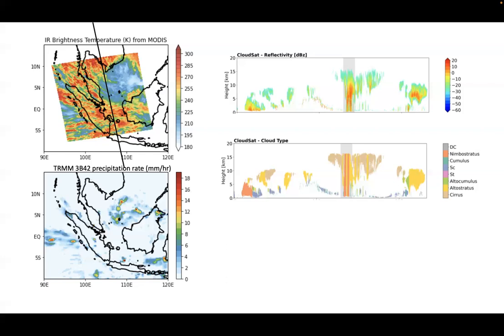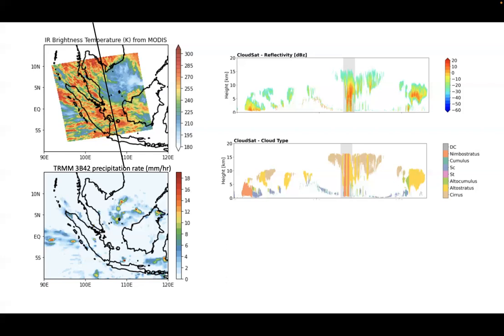Only a few tiny spots, those rainy cells embedded in these clouds, are producing rain. And there's a line here, where CloudSat crosses and gives you the vertical cross section of this storm. On the right-hand side is the vertical cross section of clouds along this line. You can see there's a deep convective storm here, a tower of deep convection, and cirrus that's coming out of it.